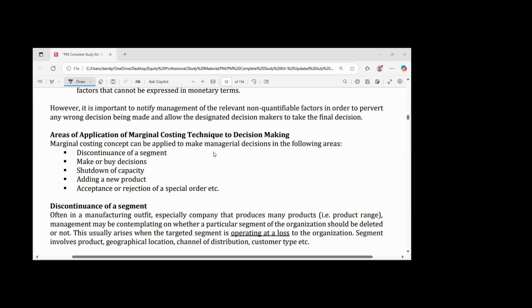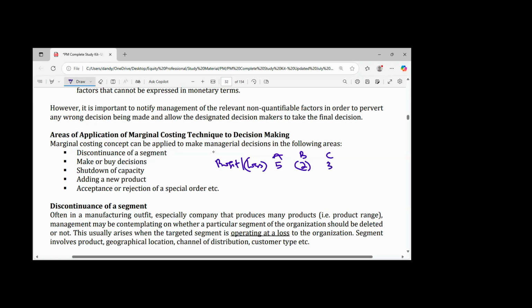So say for example, you have product A, product B, and then product C. Say we have profit or loss. For product A, we have a profit of 5 million. Product B, we have a loss of 2 million. Product C, we have a profit of 3 million.